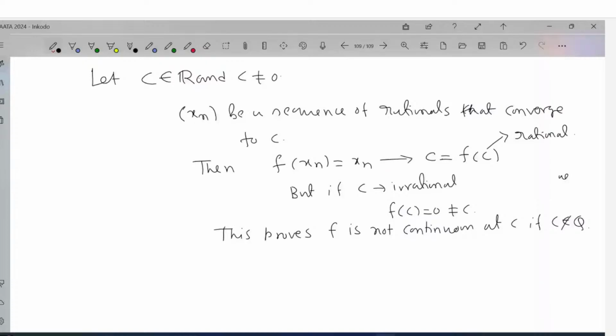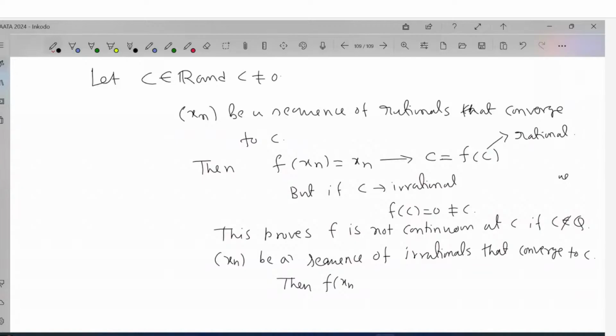But let's say now you consider a sequence of irrationals, x_n, that converge to c. Then you can see that f of x_n will be 0, which can only converge to 0, obviously not equal to f(c), whatever c will be.